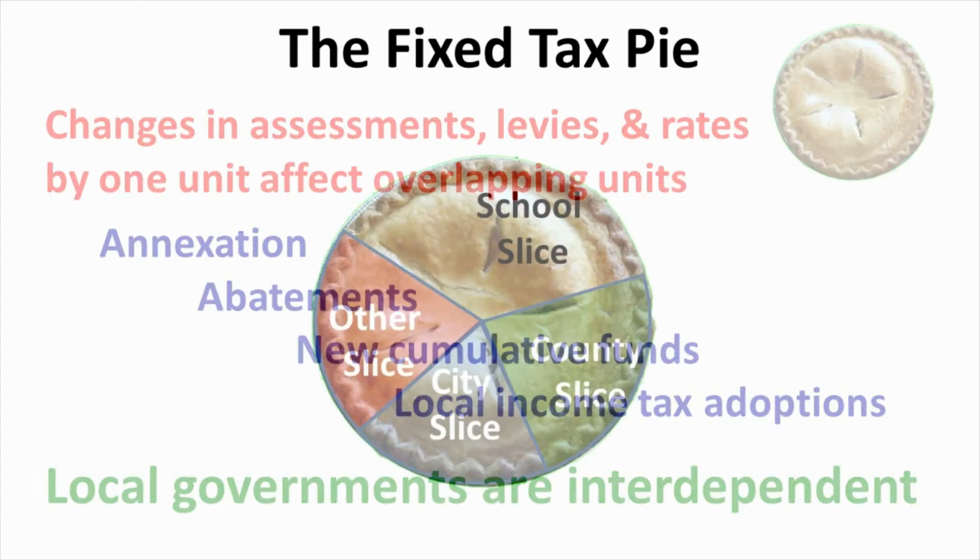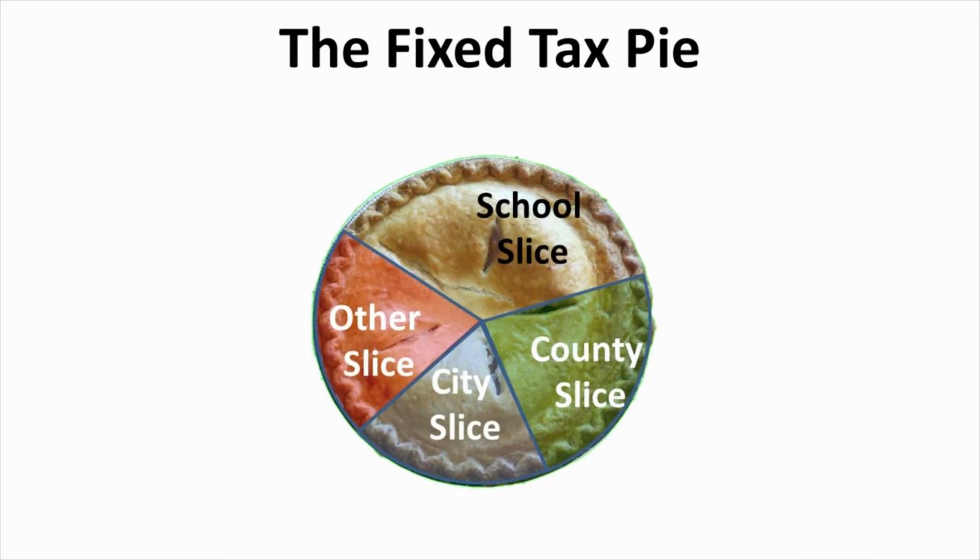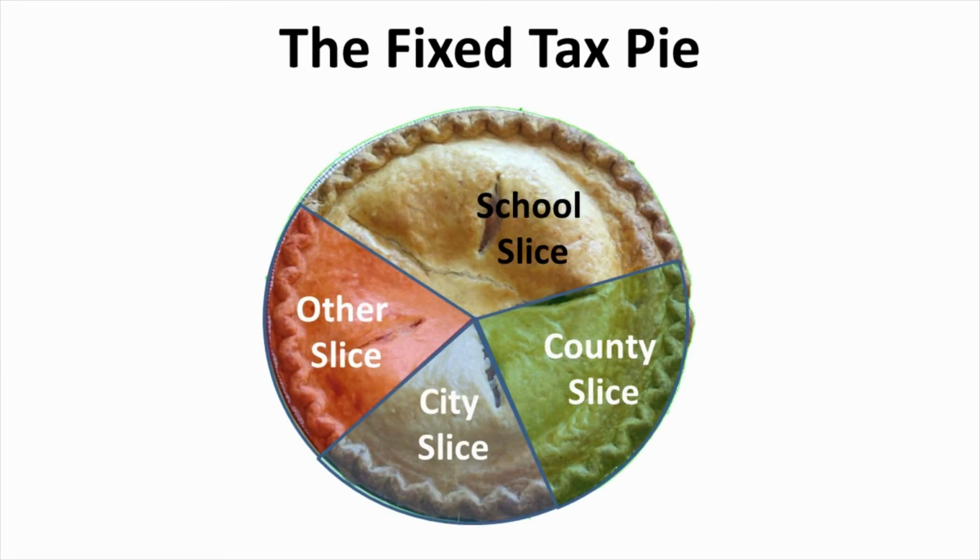Sometimes the size of the pie changes. Tax caps are a percentage of the gross assessed value. So when property values grow, the maximum property tax revenue gets bigger, or the pie gets bigger. Economic development adds to property value, so it will increase property tax revenues even with all taxpayers at their caps.